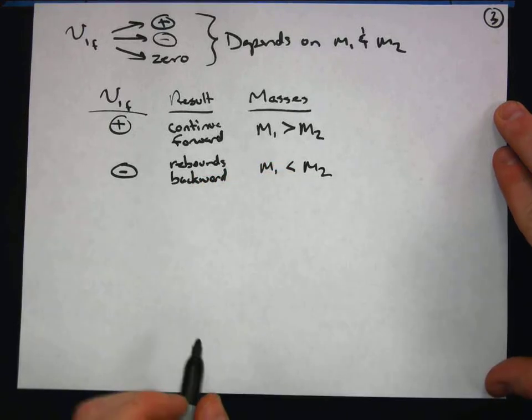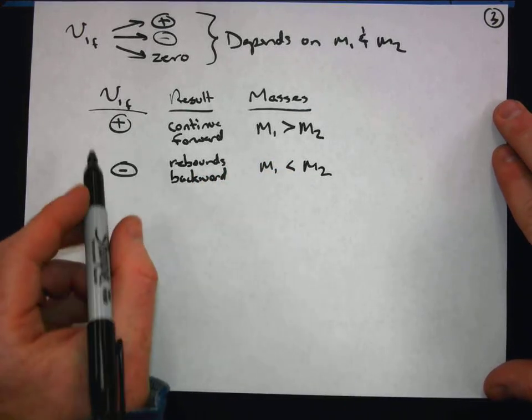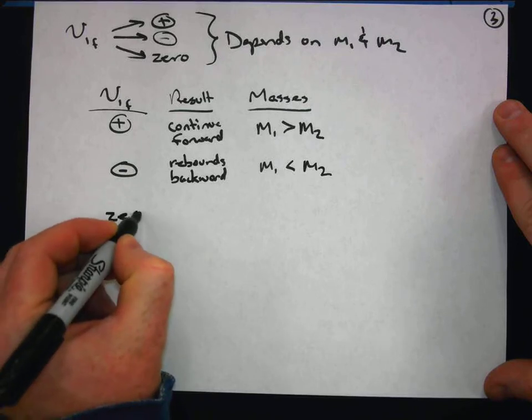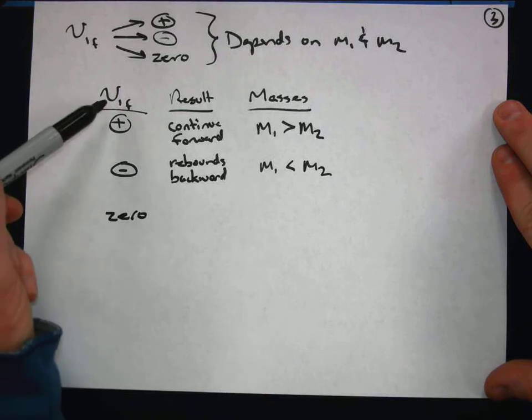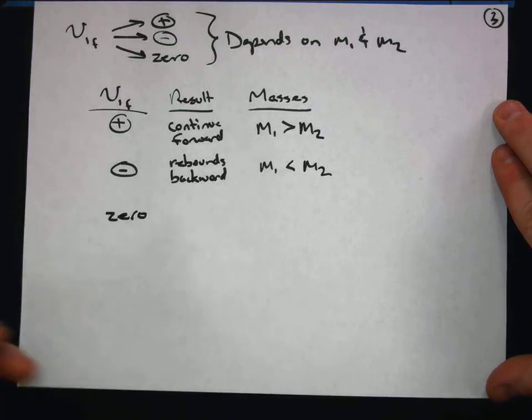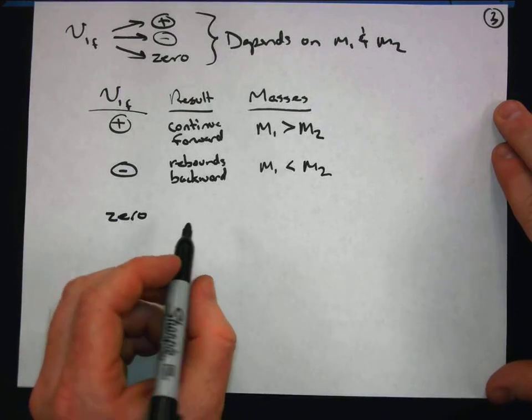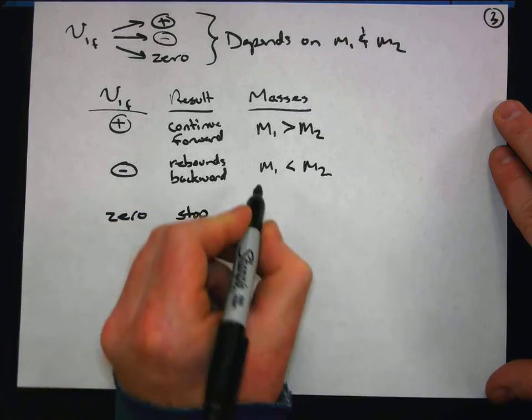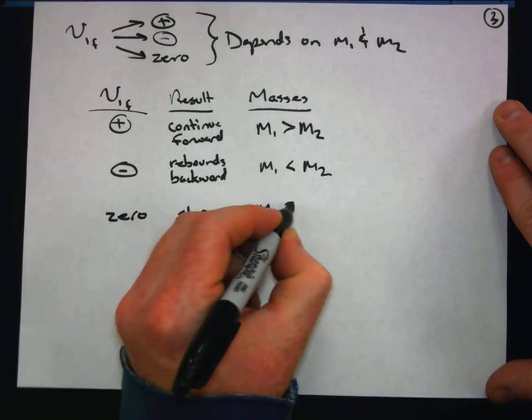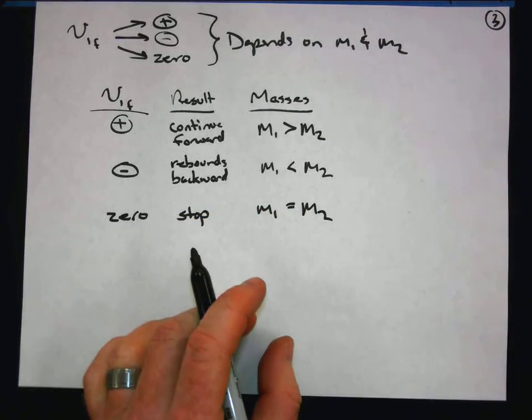And it is possible for the final velocity to be 0, for object 1, for mass 1, to simply stop. It doesn't go anywhere, right? This is what's going to happen if m1 equals m2. And we can see that from looking at this relationship right here.